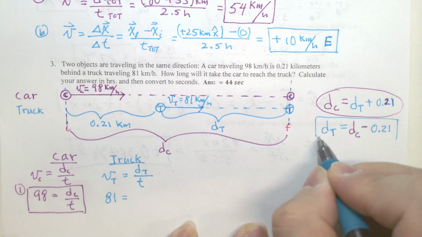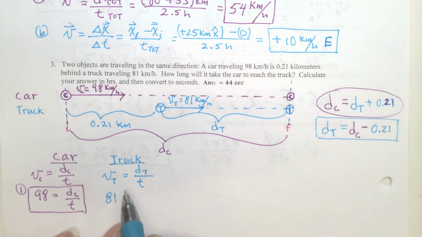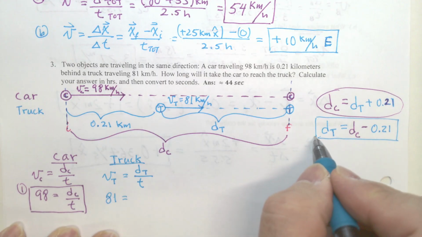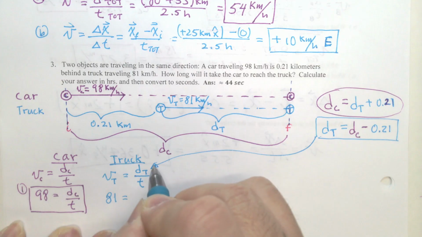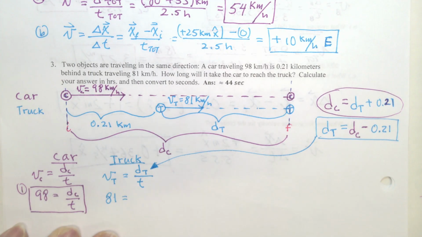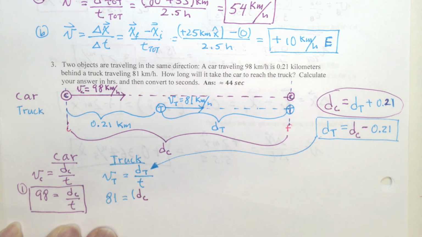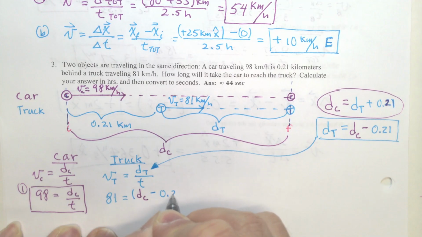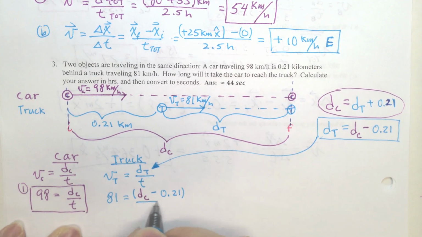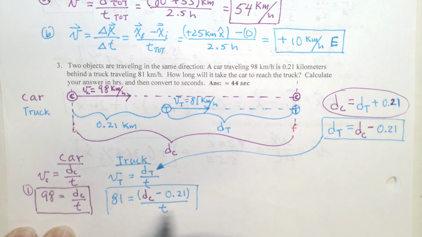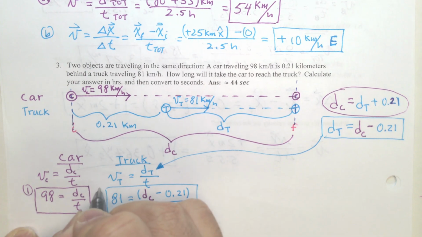So this is something we can use and plug in here. Okay? So why don't we plug that in here? Then we can say that distance truck is distance car minus 0.21 divided by the same time t. This t and this t are the same. So here's our equation 2.